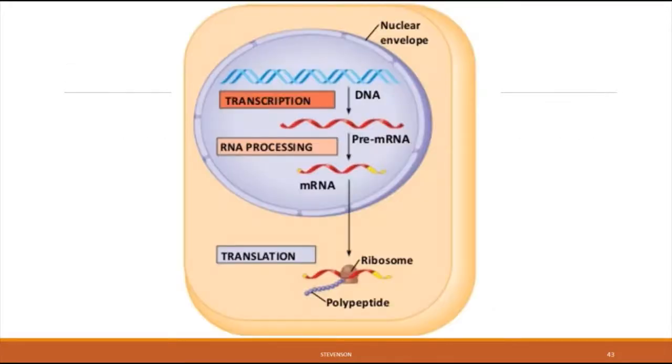So let's take a moment and take stock of what we have accomplished so far in this process. We've talked about transcription, which is the conversion of the DNA molecule into an RNA copy called a pre-mRNA. And we've also talked about RNA processing, also known as post-transcriptional modification, which takes the pre-mRNA and finalizes it and edits it so that it is then ready to leave the nucleus or the library and go on to the third and final step, which is called translation.